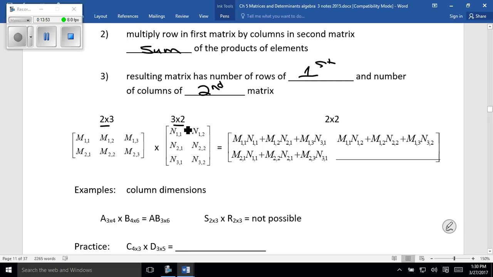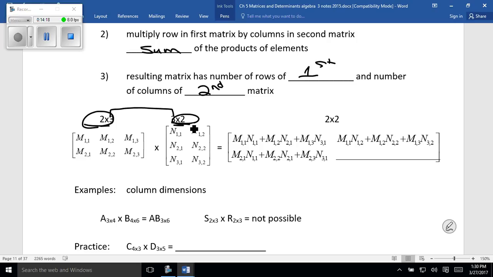If the inside numbers match, you can multiply. If they do not match, you're done. Your answer is going to be the outside numbers. It's going to be a 2 by 2.